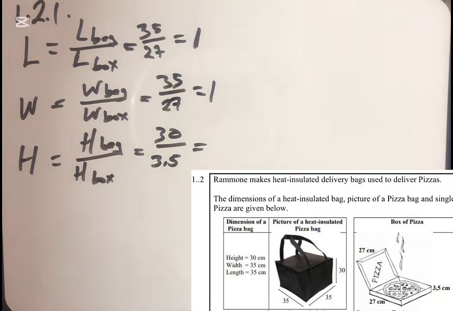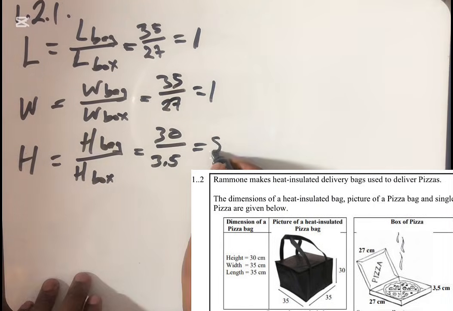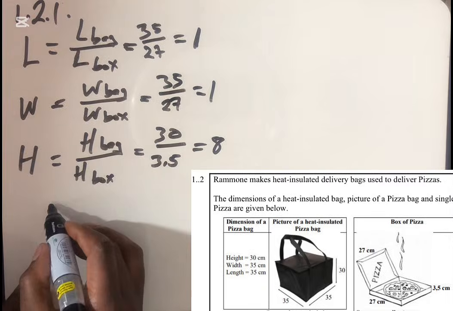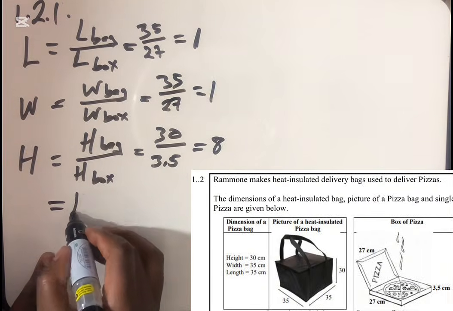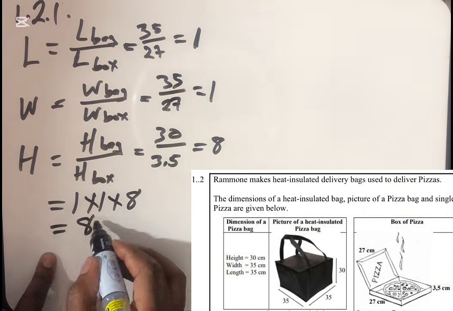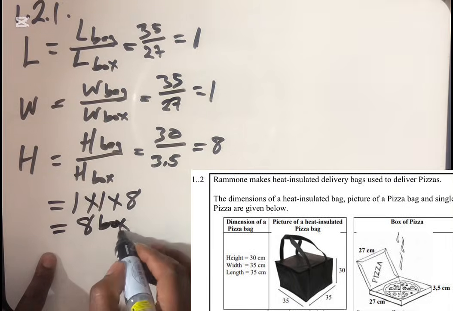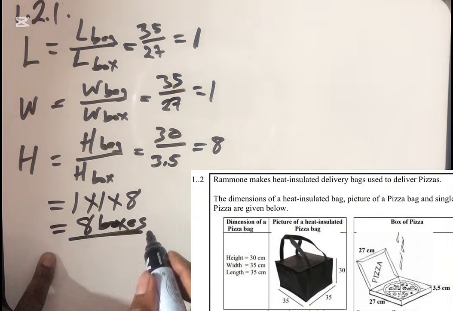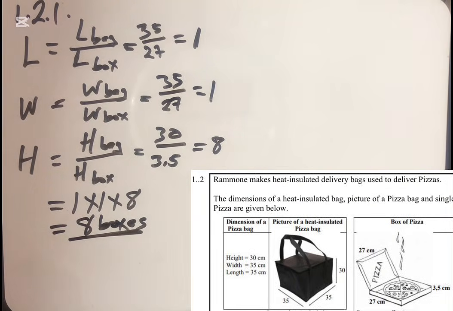We use a calculator: 30 divided by 3,5. We found that is 8. Meaning that one delivery will be 1 multiplied by 1 multiplied by 8, which is 8 boxes of pizza. That's the first question.